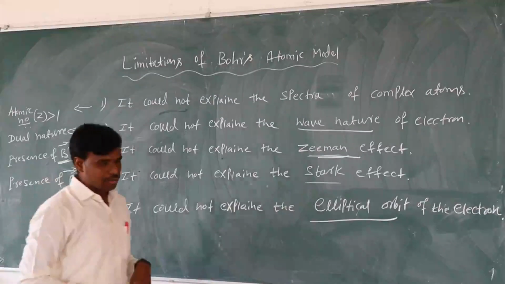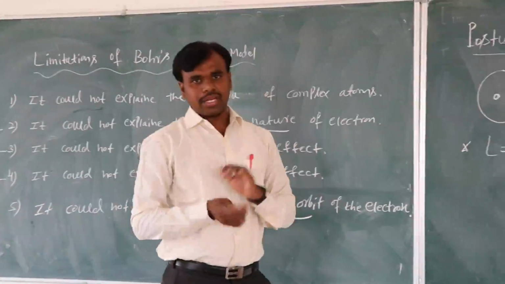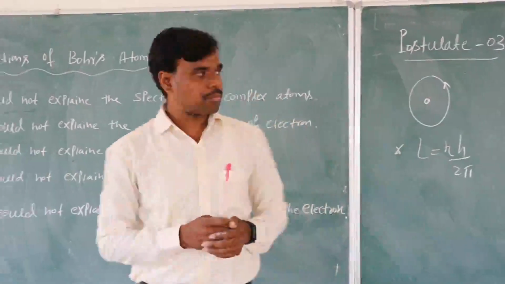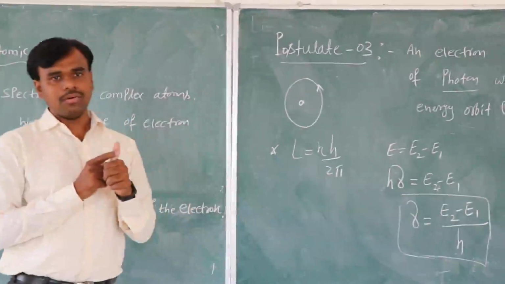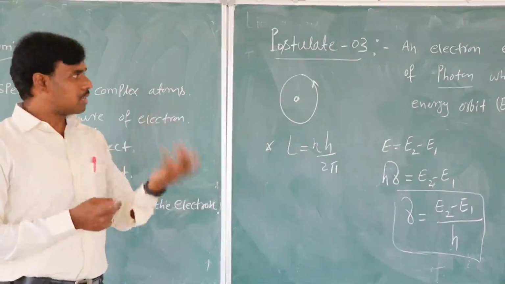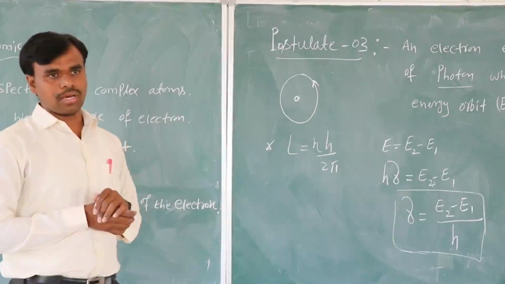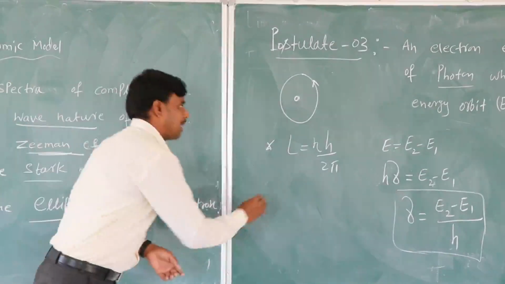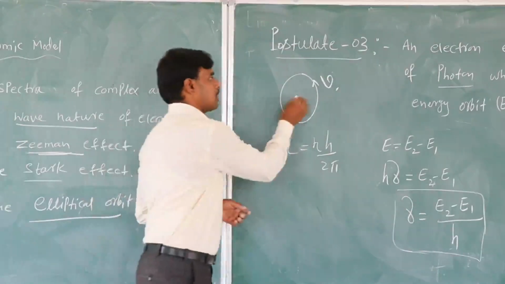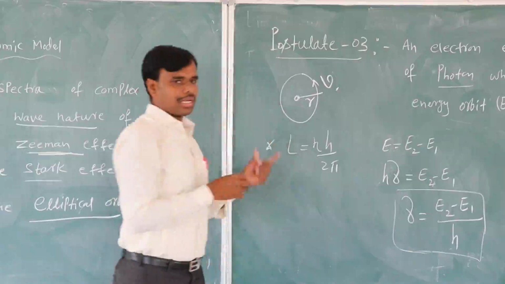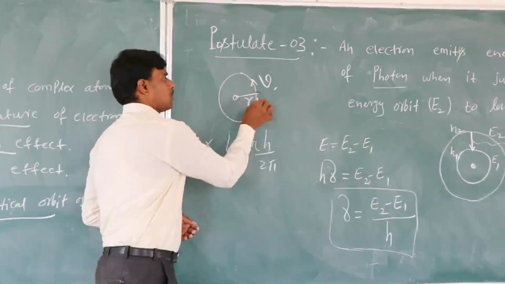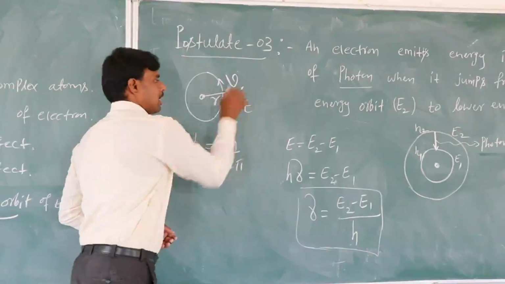But the Bohr atomic model has some merits. The Bohr atomic model explains the stability of the atom. It explains the origin of spectral lines, and also by using the Bohr atomic model we can calculate the velocity of the electron revolving around the nucleus, the radius of the electron orbit, and the total energy of the revolving electron.